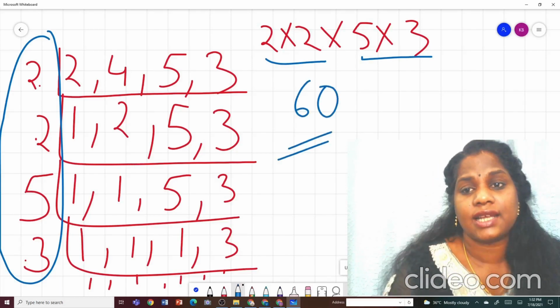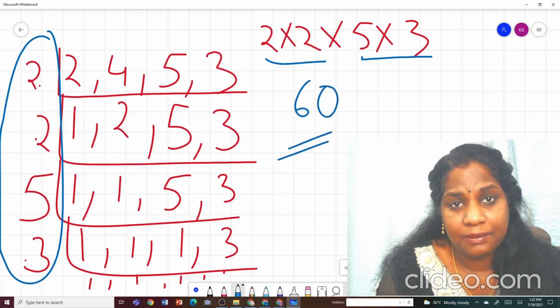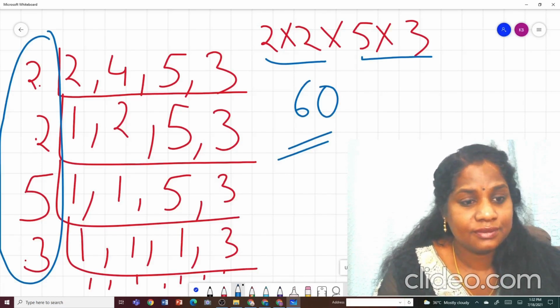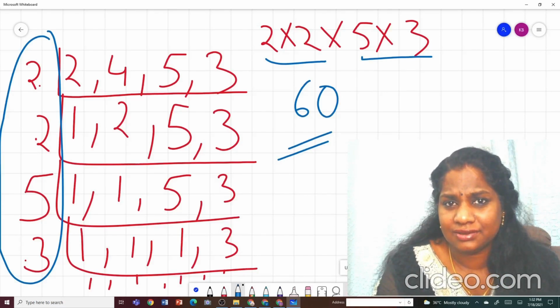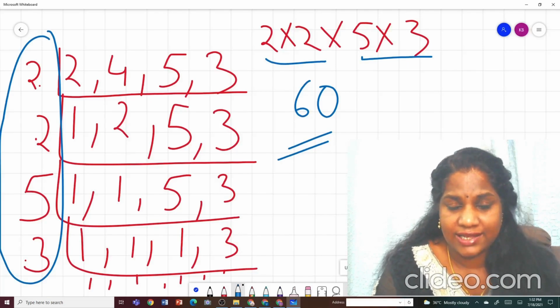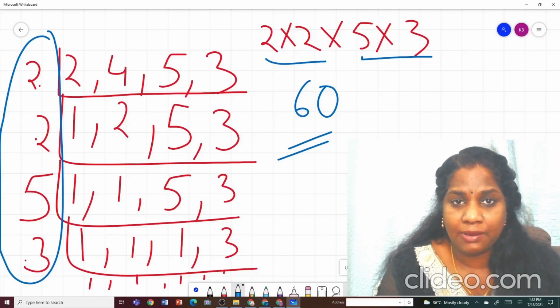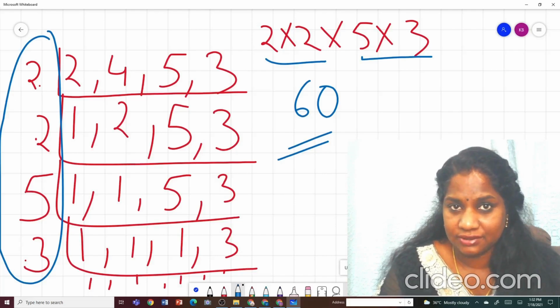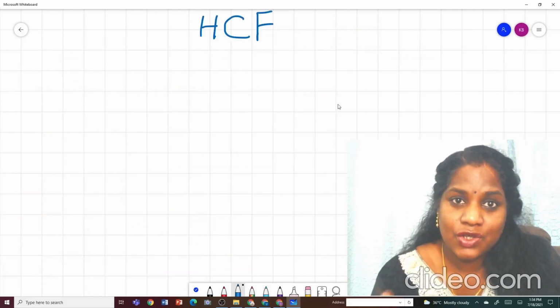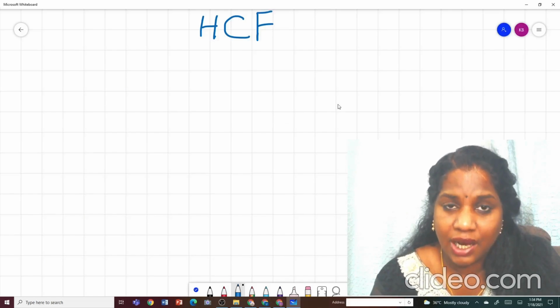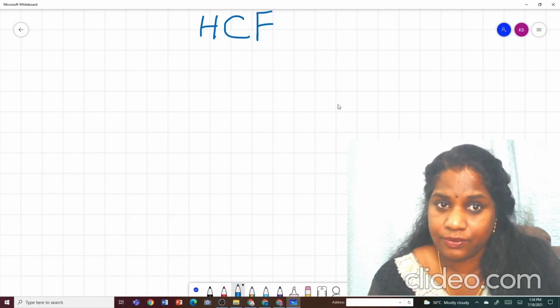So 60 is my LCM. Isn't this an easy method? Much better method, right? So this is how you will find LCM using the prime factorization method. Clear? You saw LCM. Now we are going to discuss HCF.